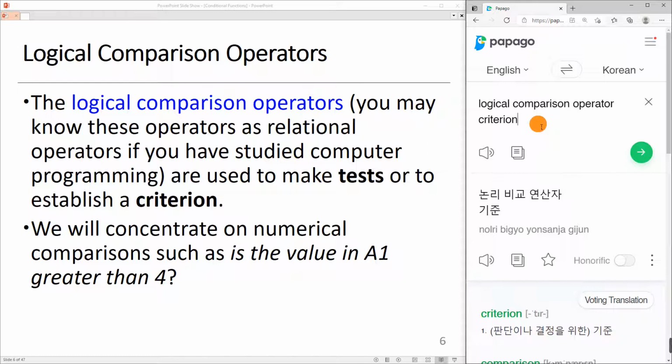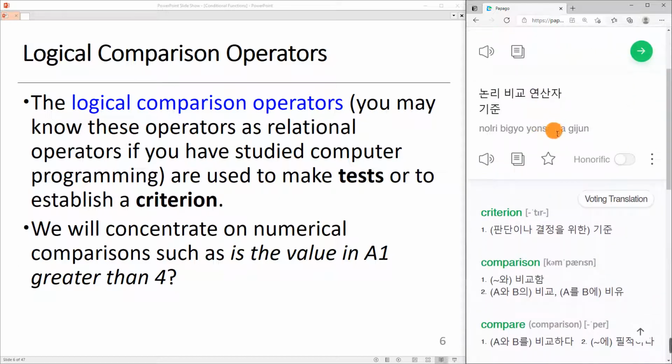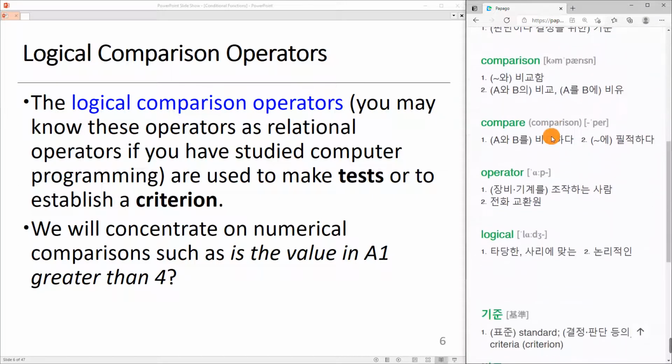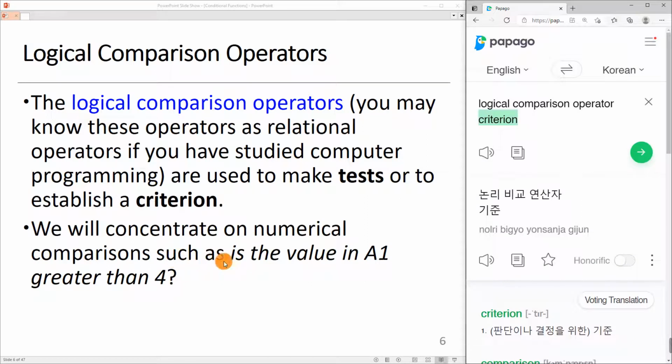So logical comparison operators, also in computer programming, they are known as relational operators, are used to make tests or to establish a criterion. So if you don't understand what is criterion, so please check it out here. So when studying logical comparison operators, we will concentrate on numerical comparisons, such as is the value in cell A1 greater than 4?